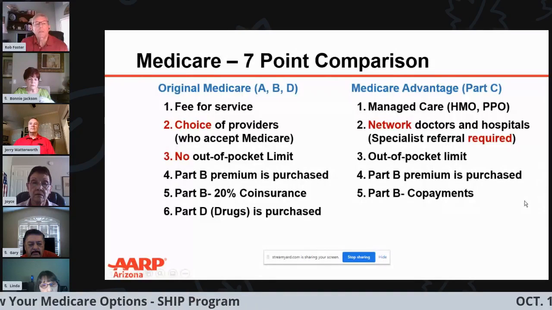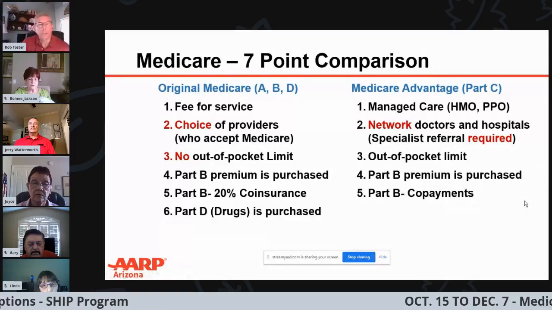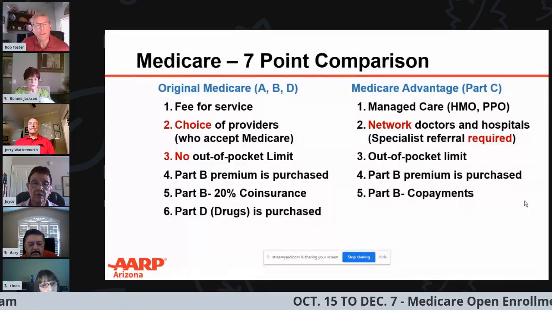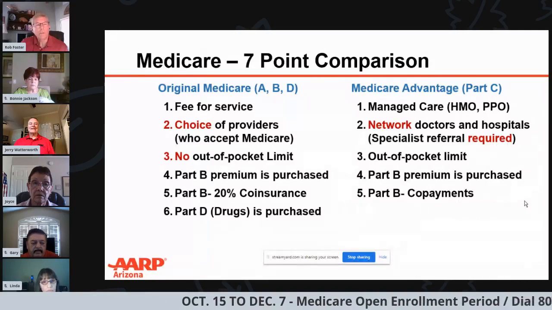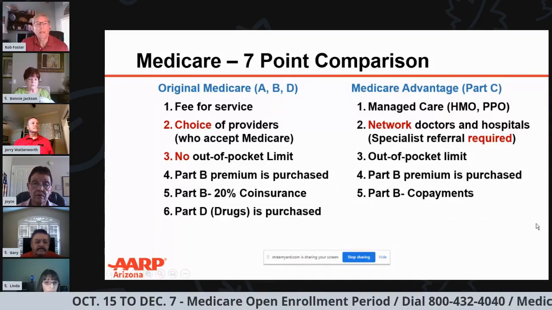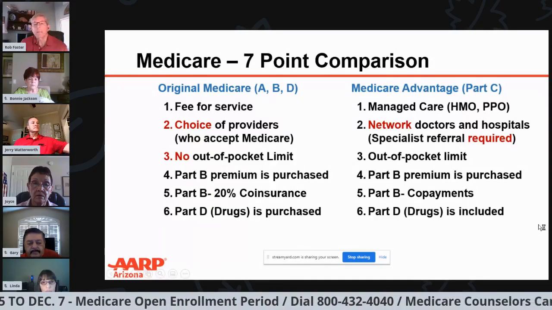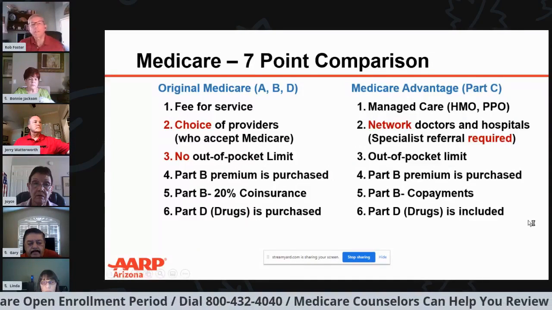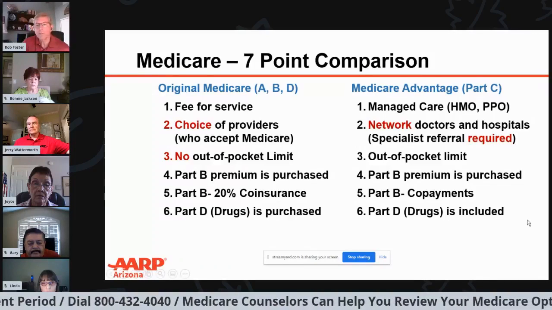Part D, the drug plan, which was introduced, I believe, in 2006, is purchased in Original Medicare, and Part D is included in Medicare Advantage.